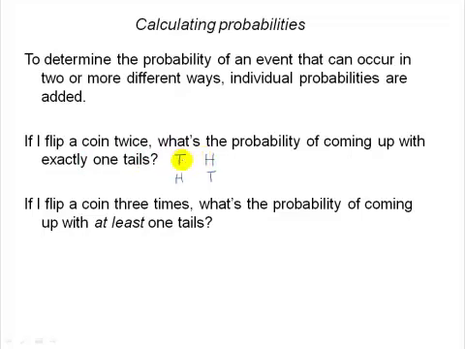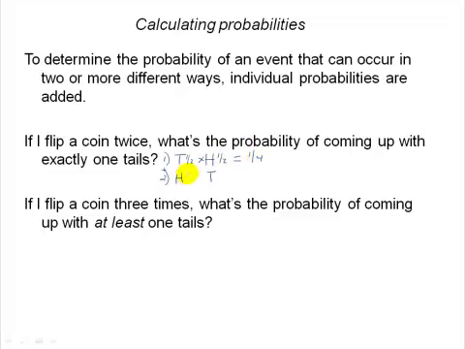So to figure out the overall probability of that outcome, I would need to figure out the probability for this outcome, and then add them together. And so just as we saw in the previous example, probability of a tails on any coin flip is going to be 1/2. Probability of a heads is going to be 1/2. So the probability of flipping a tails and then a heads is going to be 1/4.